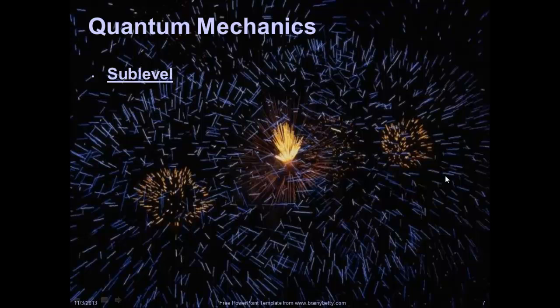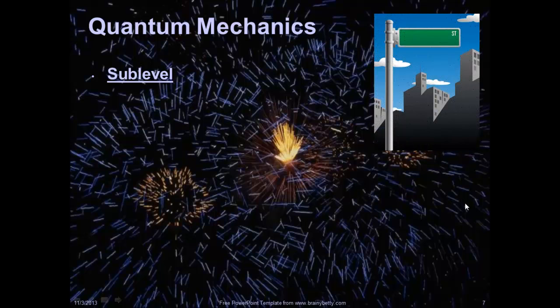The next level of organization is called a sublevel. That prefix sub usually means below or within, so sublevels are within energy levels. And this would be compared to having a street name on your envelope. This is the next most specific piece of information that you need.